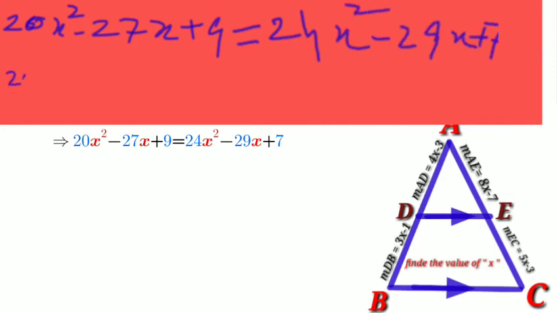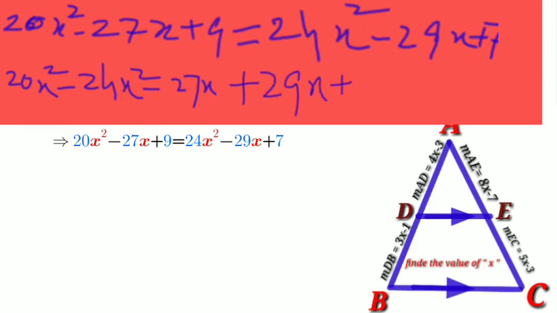Writing in descending order with respect to x, this equation can also be written as 20x square minus 24x square minus 27x plus 29x plus 9 minus 7 is equal to 0.